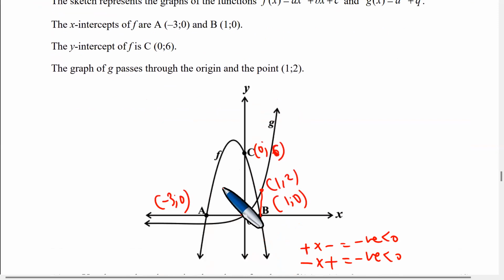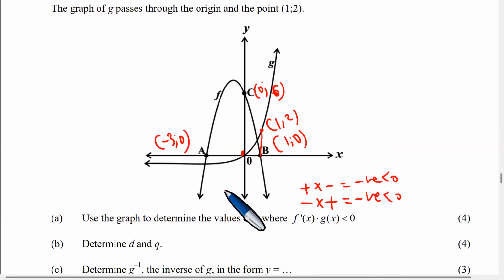So question 8, part A. For what values of x will that be exactly? Obviously, you need to look at this and think very carefully and make sense of the question.